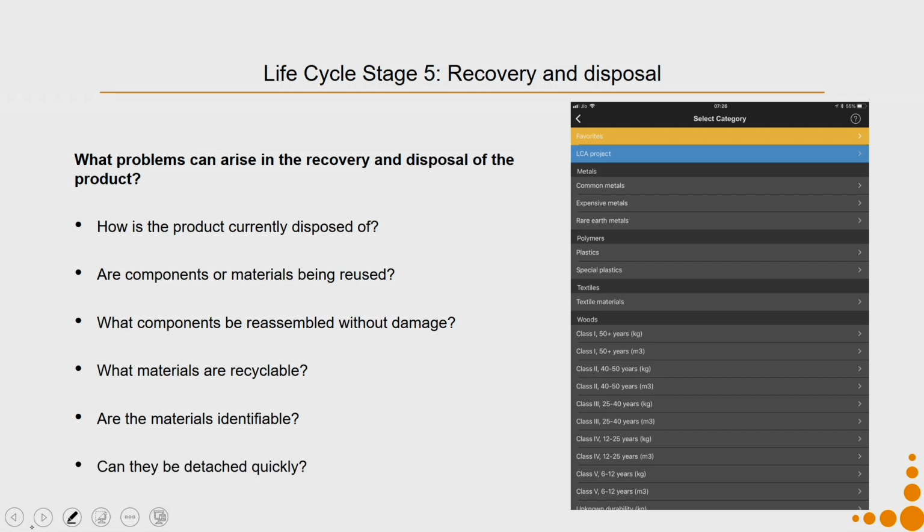And then recycling is only possible if you can detach it quickly or cost effectively. So, if you are designing for recycling, you have to ensure that the materials are identifiable and they are easily or cost effectively detachable.